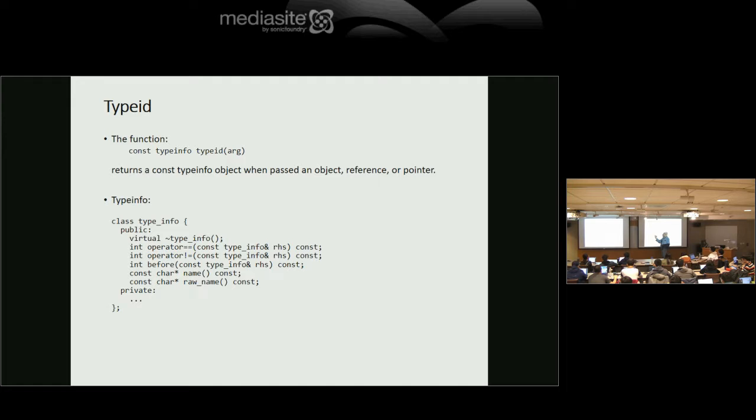I can compare for equality or inequality. before asks, are you my base? Okay. And I can get the name of the class. And I've used that quite a bit in some of our code, just to illustrate, so you see what's happening, which class is being called and stuff.